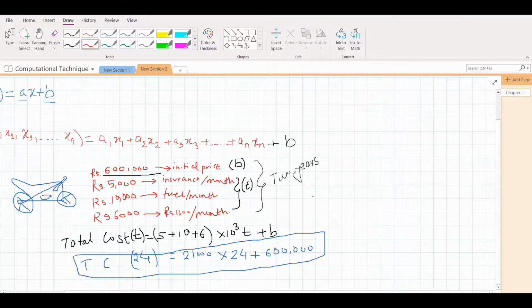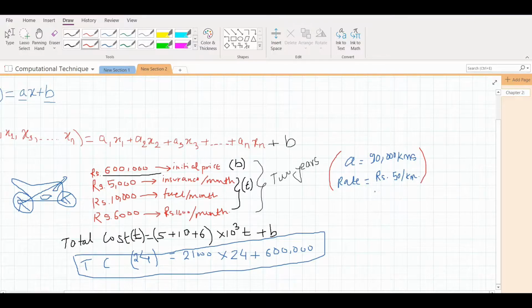Now you can have other variables as well. Let's say you rent your motorcycle to Tutel or Uber, and you charge them per kilometer of distance that he has traveled. So let's say initially the mileage was 90,000 kilometers and you charge him at a rate of Rs 50 per kilometer, so this will be your earning here.